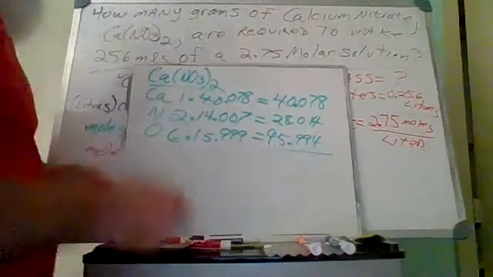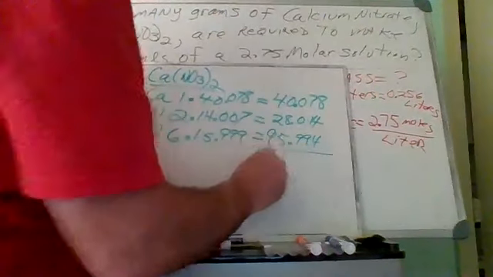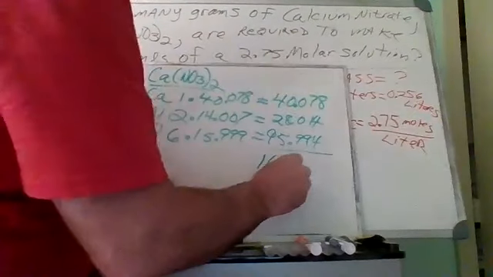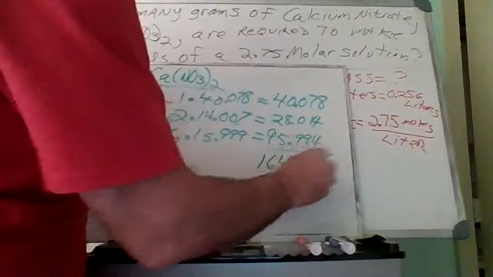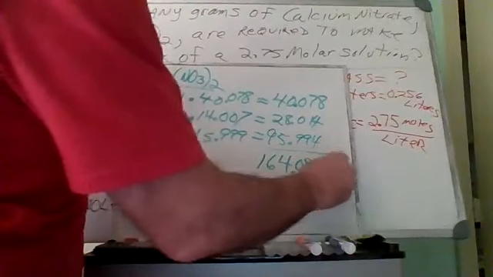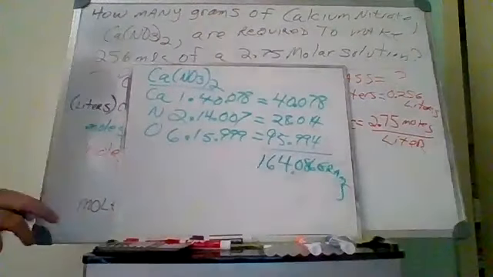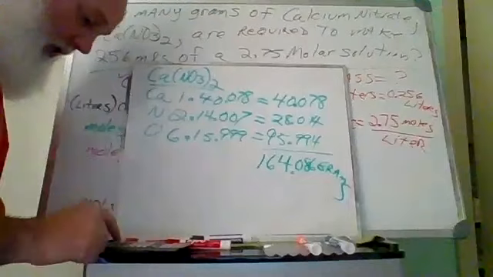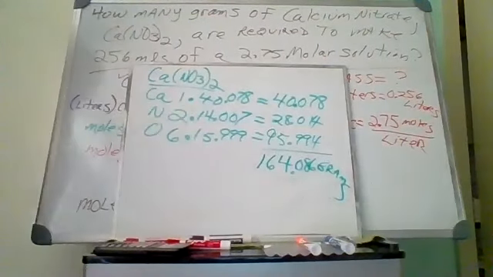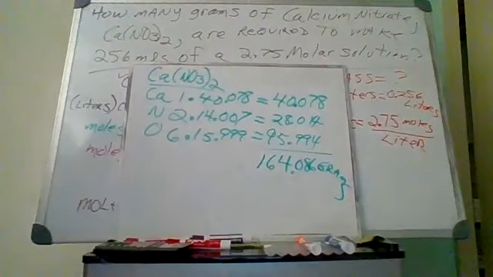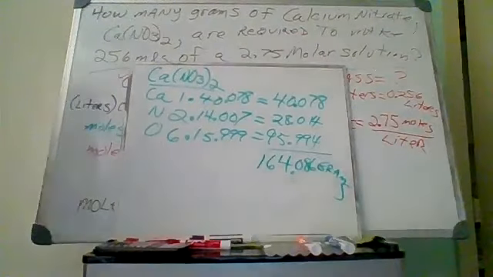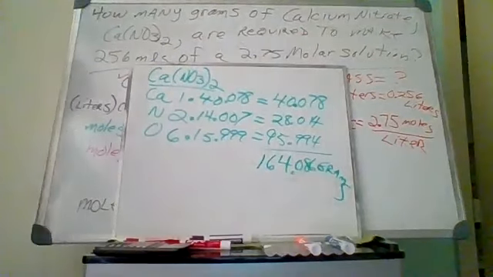I get 164.086 grams. I know I'm going to need that number in the mole concept, so I'm going to put that into my first memory. No point in typing it in again when we know we're going to need it.